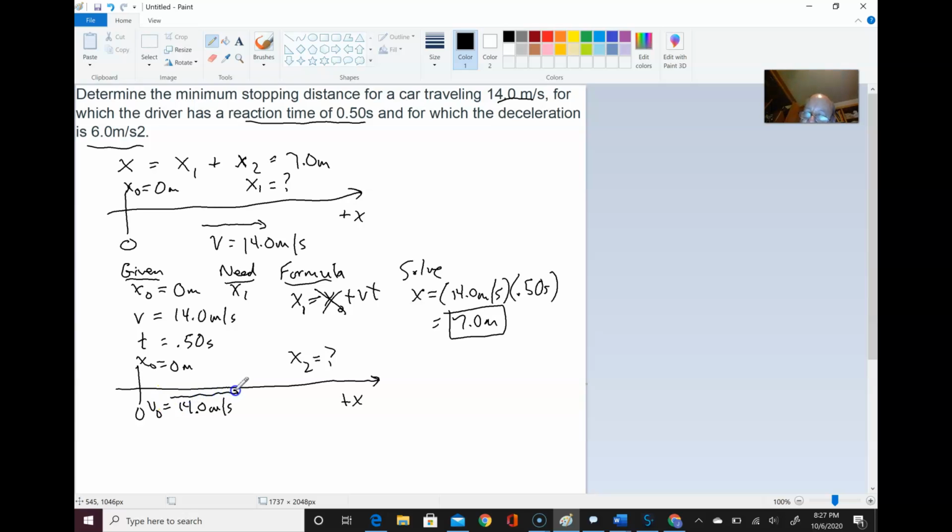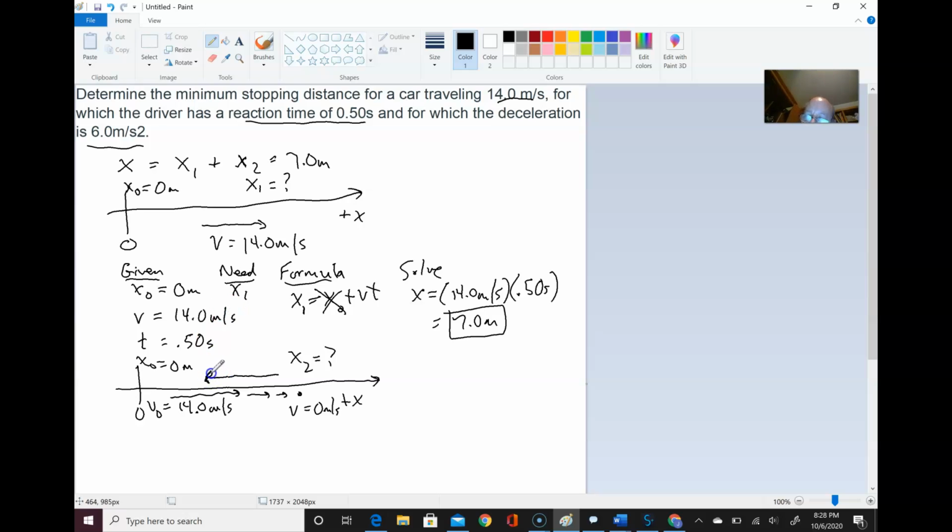And I'm going to be slowing down to 0 meters per second. My final velocity is going to equal 0 meters per second. Okay? I also have been told that I have an acceleration or a deceleration here. So I'm decelerating, and if my car is moving in the positive direction, the direction of the acceleration that would slow it down has to be in the negative direction.